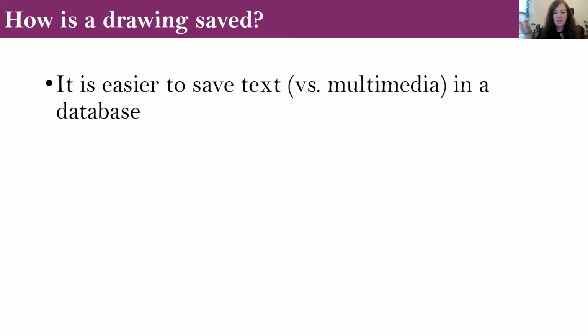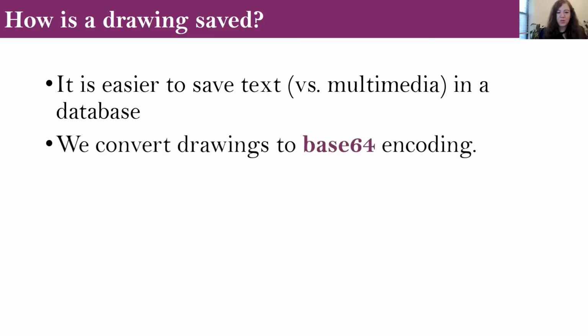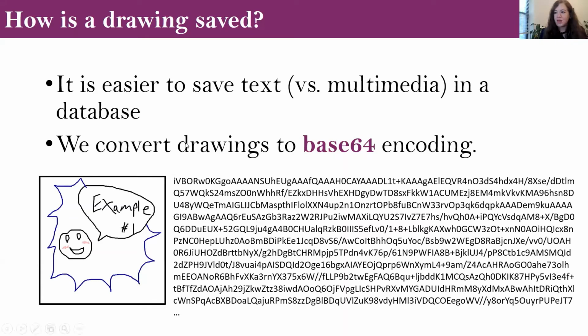It's easier to save a text-based representation of the drawing than some sort of JPEG. So as soon as participants complete a drawing and save it, we convert it to something called a base 64 encoding. Here's an example drawing, and here's what its base 64 encoding looks like. Instead of saving the drawing file, we're saving this text representation of the image.